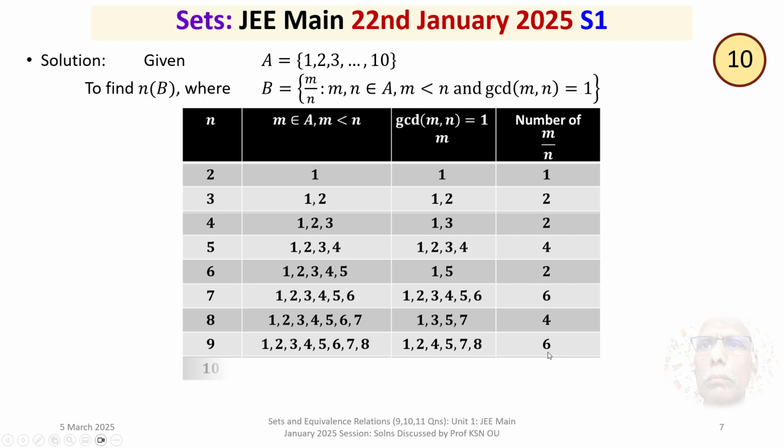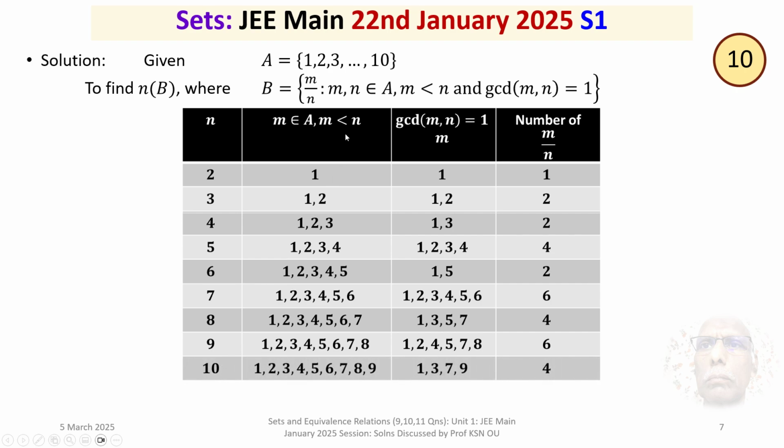So, lastly, we go to n equal to 10. What are those elements of A which are less than 10? 1, 2, 3 up to 9. And what are the elements which are relatively prime with 10? 10 and 2 is not. 10 and 4 is not. 10 and 5 is not. 10 and 6 is not. 10 and 8 is not.